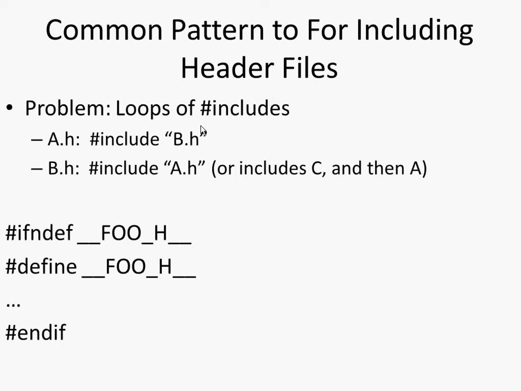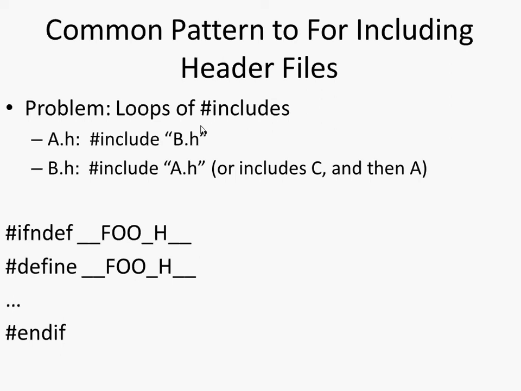So you do this: #ifndef foo.h. If you're in foo.h, you define a macro called foo.h. If you're in a.h, you define #ifndef underbar underbar A underbar H underbar underbar. Many programmers will use this convention, others will use different ones. If this is not defined, then only then will it actually pay attention to what's in there.